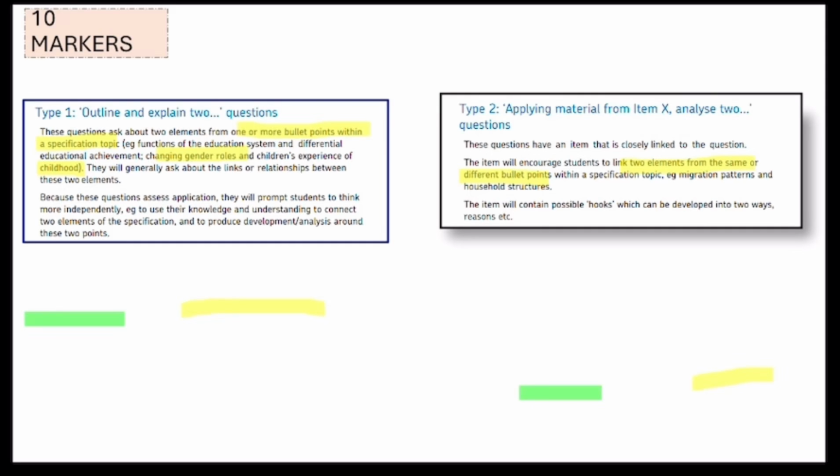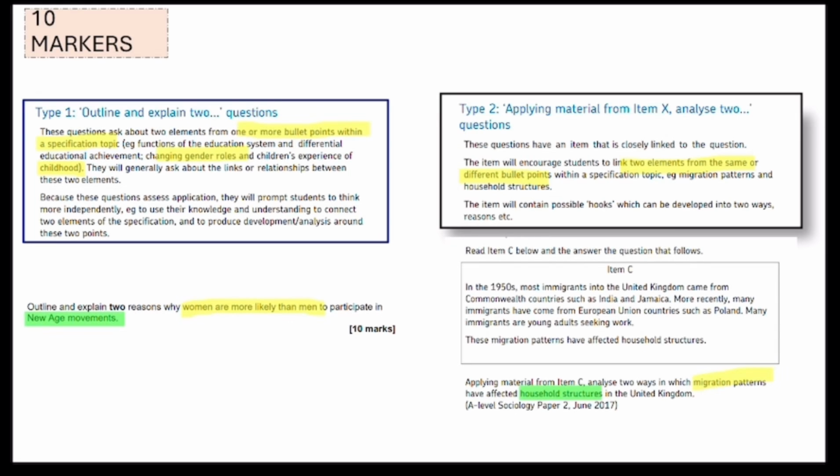But as you can see, I've highlighted in the mark schemes that you may get two topic areas that are combined. In other words, they cross over two different topics that you've learnt and combine those topics to formulate a question. So for example, we've got outline and explain 2 reasons why women are more likely than men to participate in new age movements. Here they've combined the social groups chapter with the topic on religious organisations.